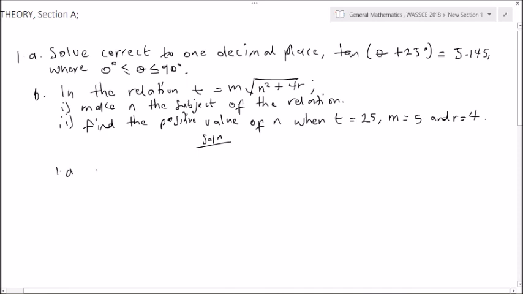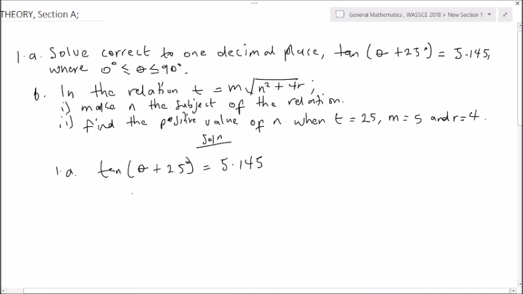One A. So given tan(theta plus 25 degrees) is equal to 5.145. First of all, we take the tan inverse of both sides of the equation.